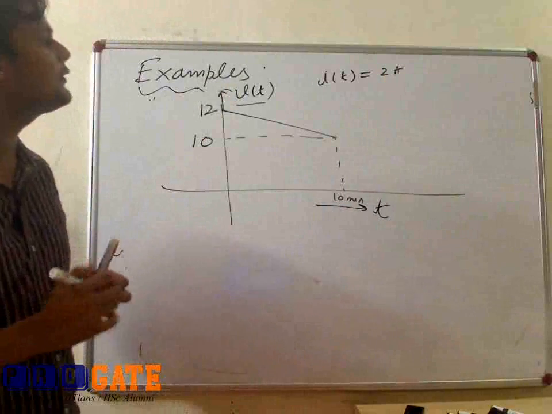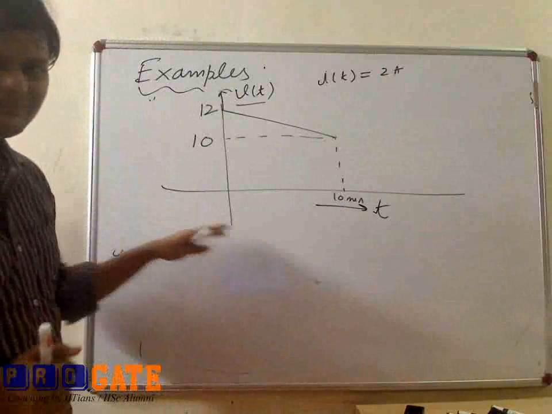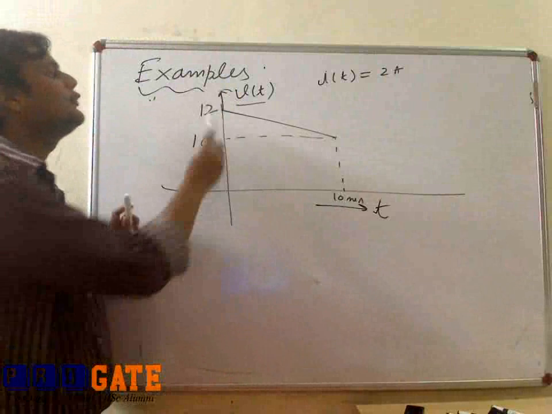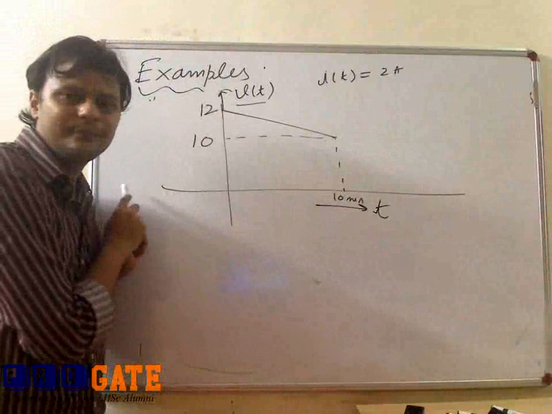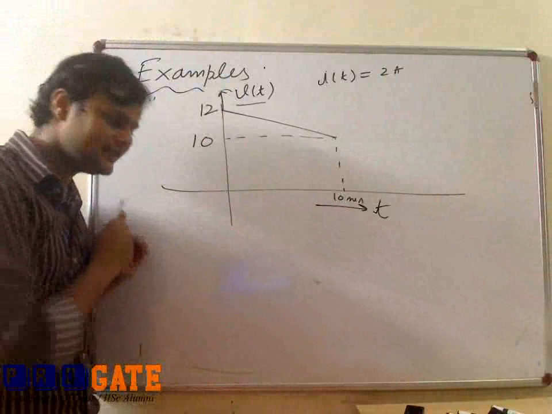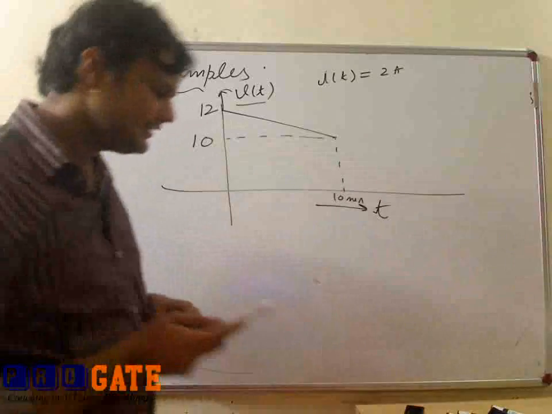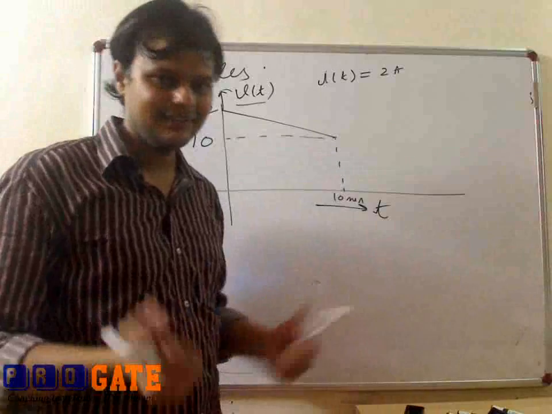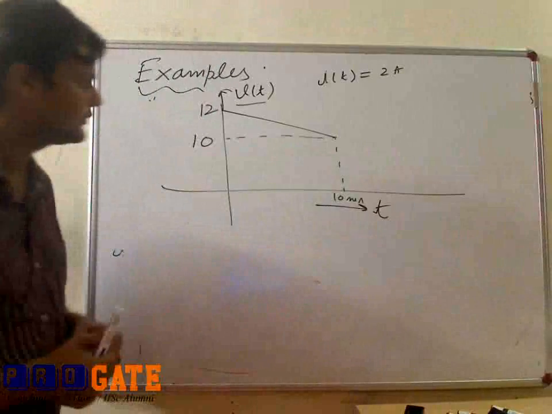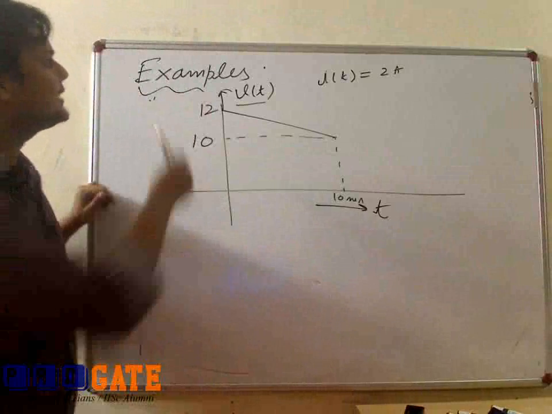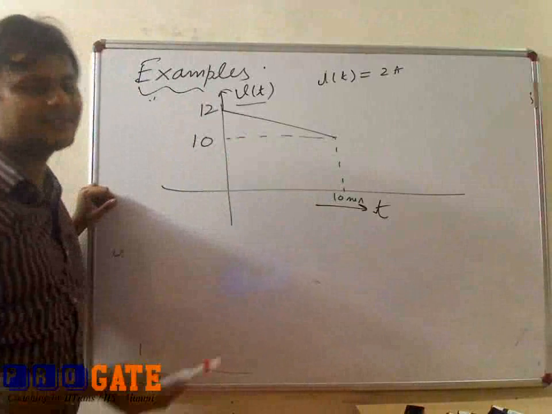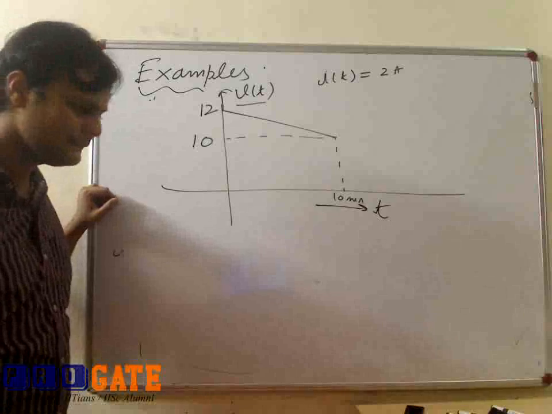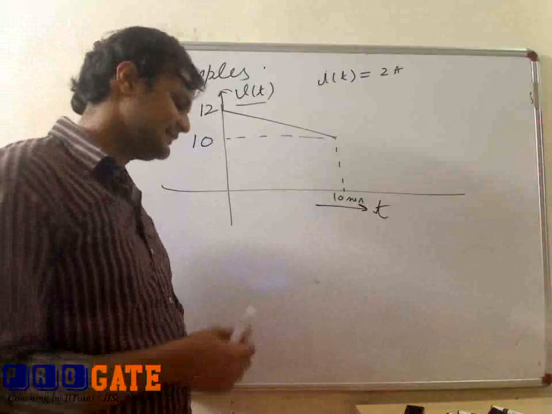It is giving 2 ampere of current for this duration, and the voltage waveform is like this. So the question is how much energy this battery has given to the mobile. How much energy this voltage source battery has given to the mobile circuit.